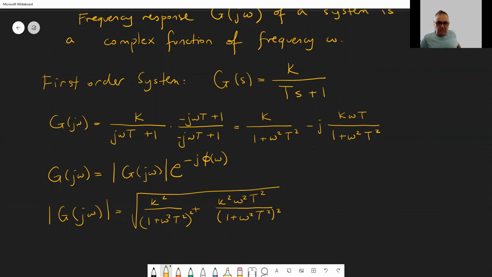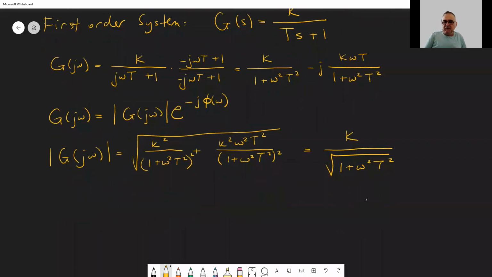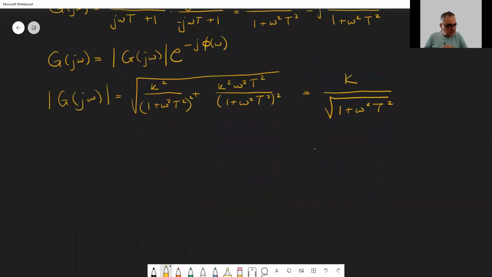Well, you collect the terms and cancel things and so on, and eventually you will get K over the square root of 1 plus omega squared T squared. This is the amplitude of the transfer function. It's a function of omega, as you see.